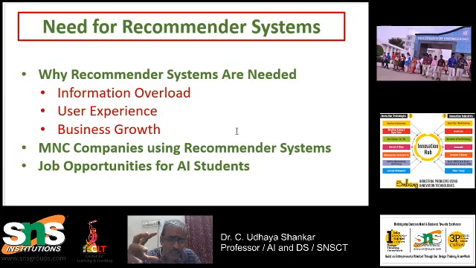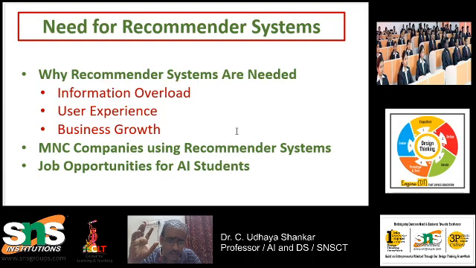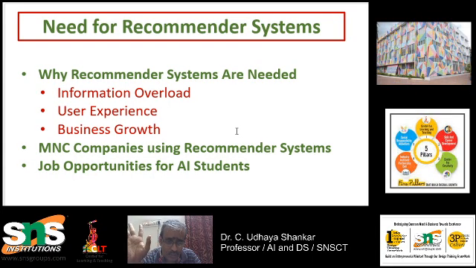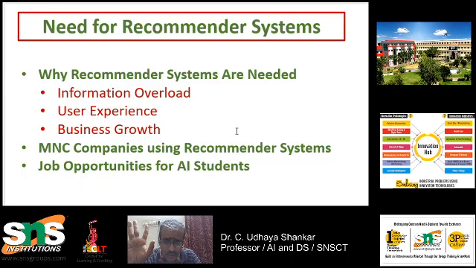Almost all the MNC companies are using recommender systems: Amazon, Flipkart, YouTube, everywhere. Without recommender systems, there is no internet nowadays. So there are a lot of job opportunities. Those who are going into recommender systems will find a lot of job opportunities in AI, because almost all the companies are using these recommender systems.